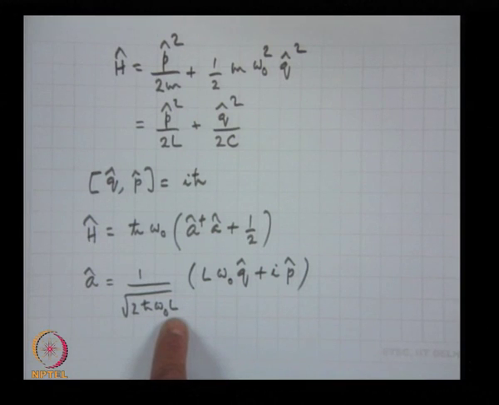M is replaced by L, and Q and P are now not position and momentum. It is some other variable, a variable corresponding to my LC circuit. And similarly, I can calculate A dagger from here.